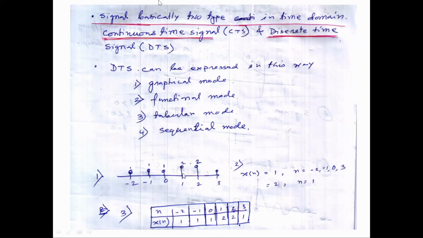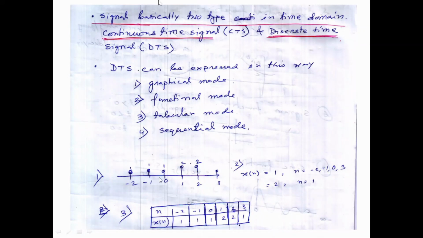At 1 it is 2, at 2 it is 2, at 3 it is 1. Clear? Sir, x(n) is the signal? x(n) is the function. If it is in continuous form, it is x(t), but in discrete form you write x(n), because your time is not continuous. It is in instants of time.